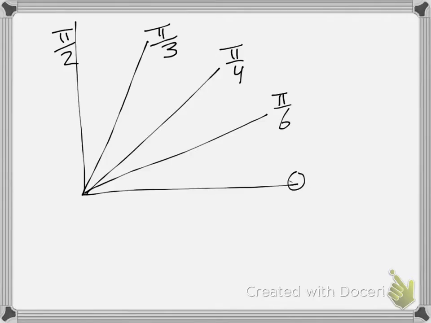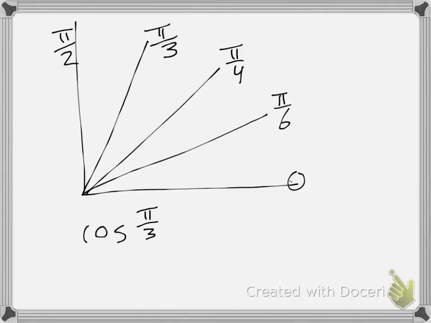Here's the cool thing. If you have your unit circle out, the problems that we're going to start to ask you now: what's the cosine of pi over 3? A lot of us want to go back because we're more familiar with degrees. But we don't want to work with degrees because we're in radians. So where's pi over 3?